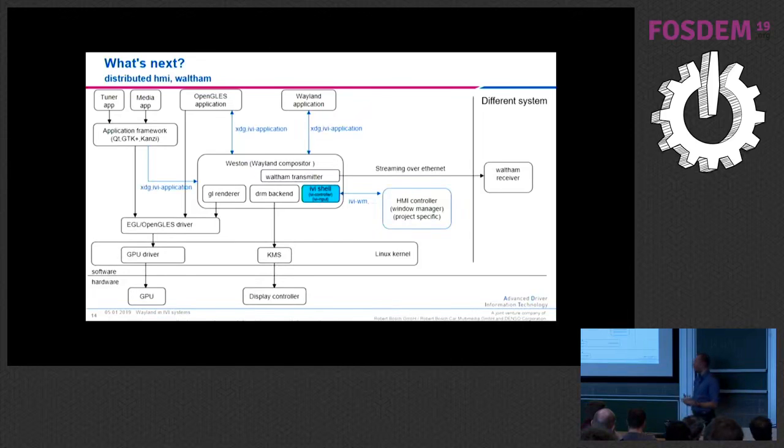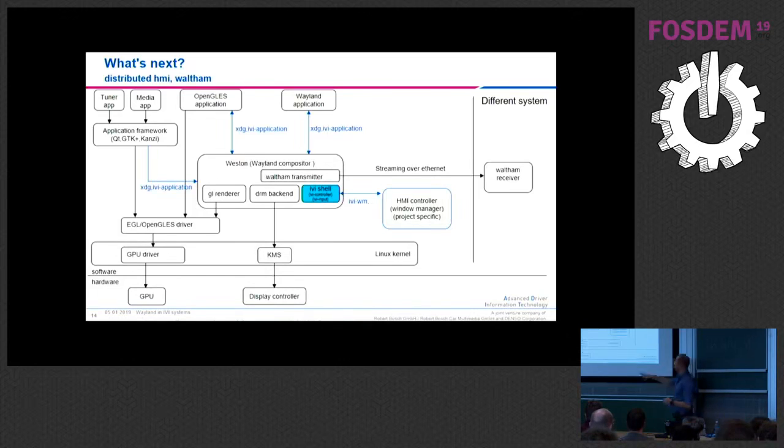You should know this output is virtualized, and if you put some content to it, then the Waltham transmitter will be notified and will perform some action. So it will stream this to a different device. If you have a virtualized system, it could use some graphic sharing mechanism to share the content and notify a different operating system.